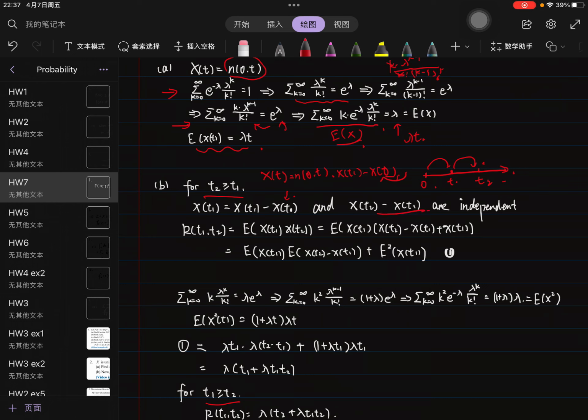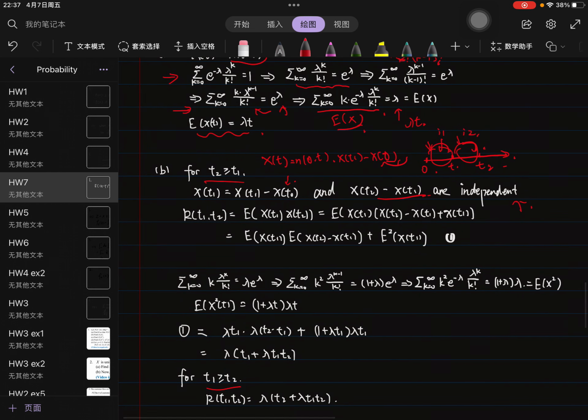By the second characteristic of the Poisson process, if these two intervals, interval 1 and interval 2, are non-overlapping, then the random variables of these intervals are independent. So these two are independent.